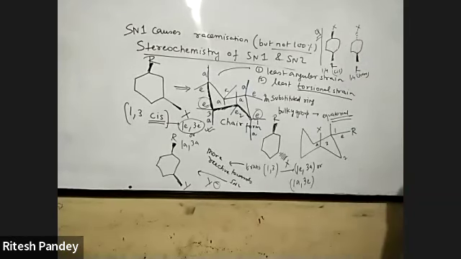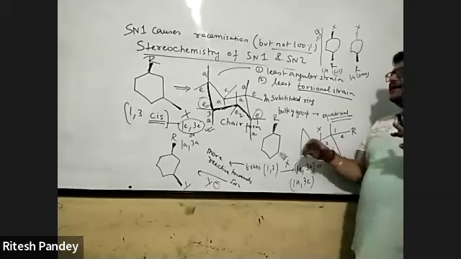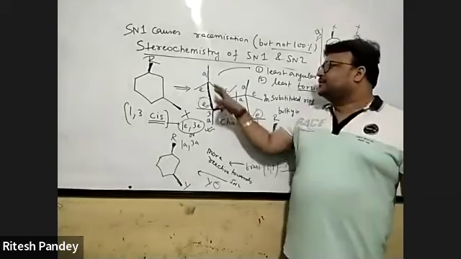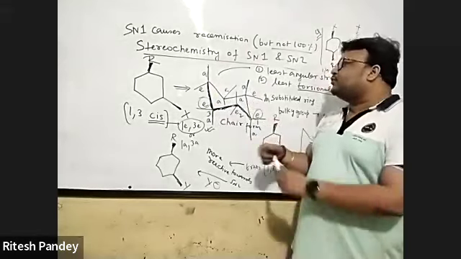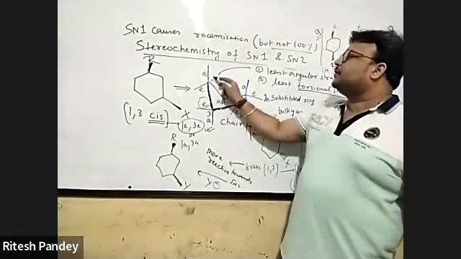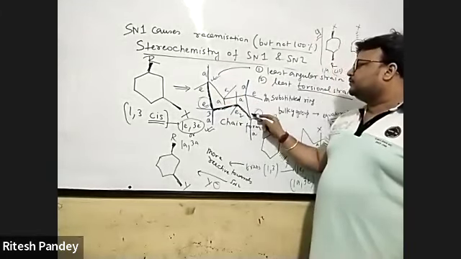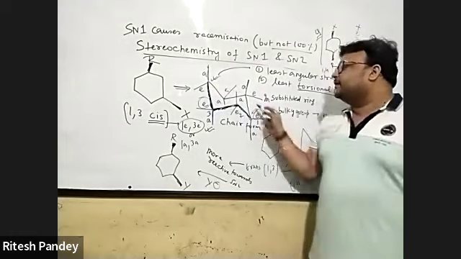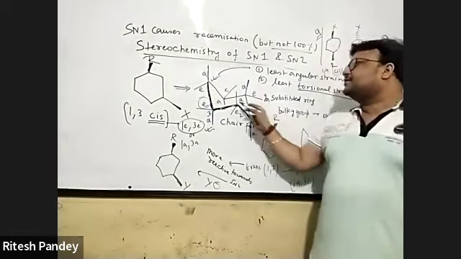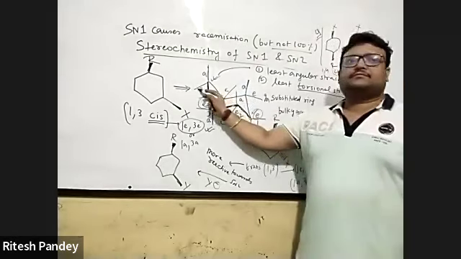Cis, do it this way. You take any 1-4 position. 1, 2, 3, 4. Suppose you take this position and this position, and look at the 2E. Are they cis or are they trans?